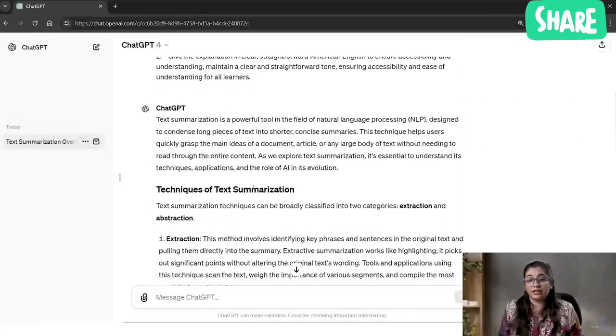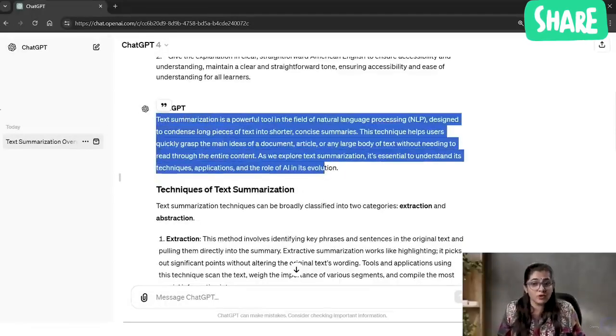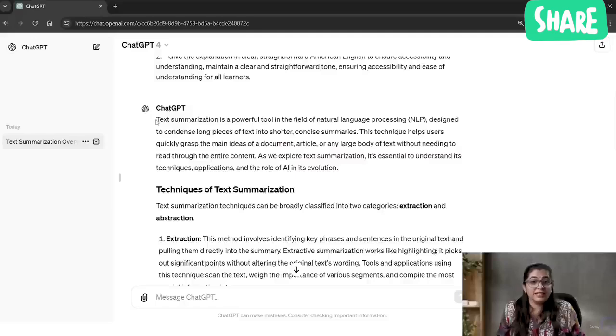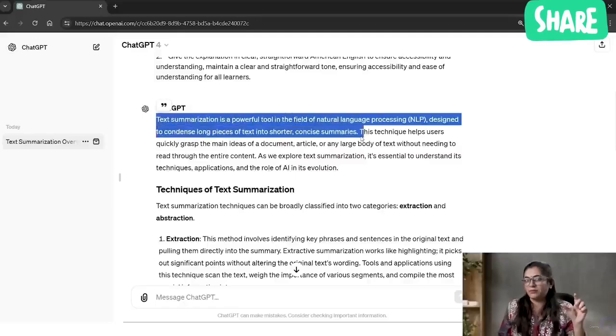So it has generated an output with content on text summarization. And if you note the first line, it has not taken the same thing that we have given as prompt. It has written and explained in its own different words what text summarization is, which is a powerful tool in the field of natural language processing designed to condense long pieces of text into shorter, concise summaries.